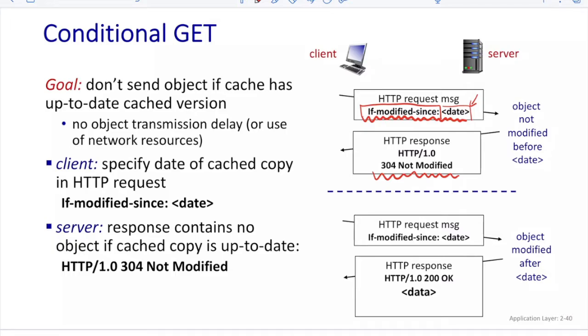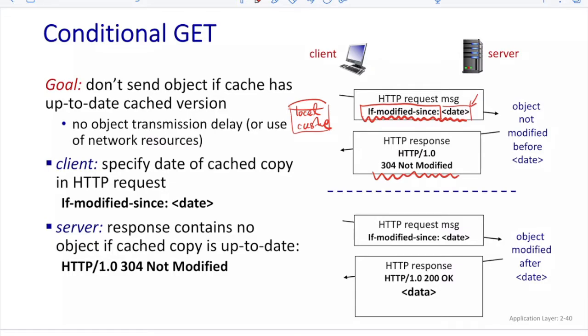The client can display the object by using its local cache. So there should be a local cache. It is a little bit different from the proxy server that we introduced last week.